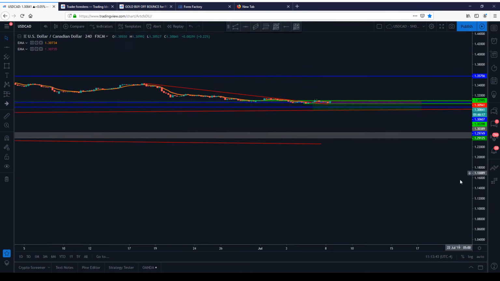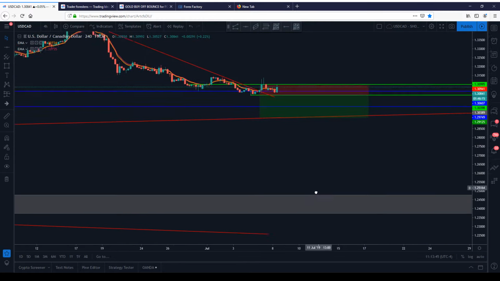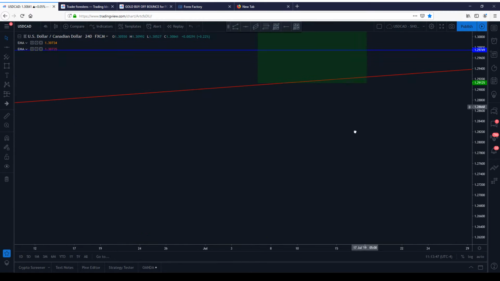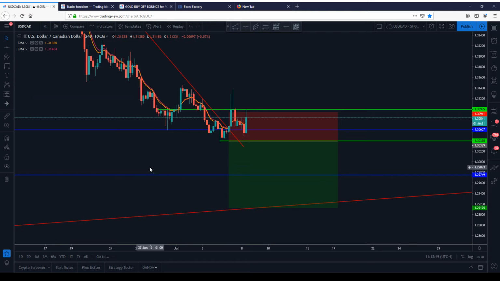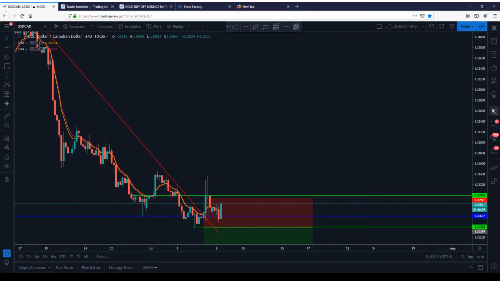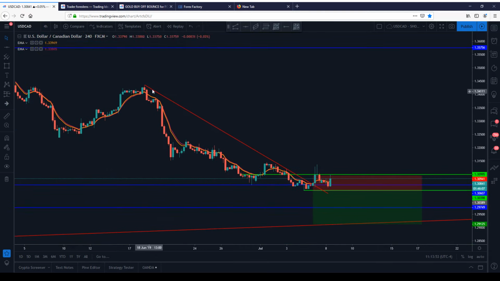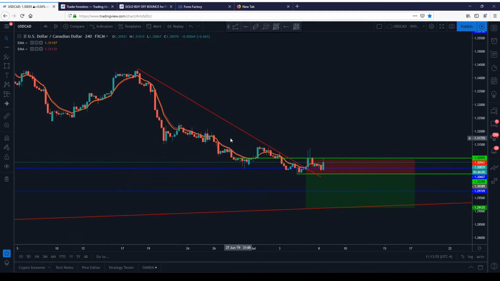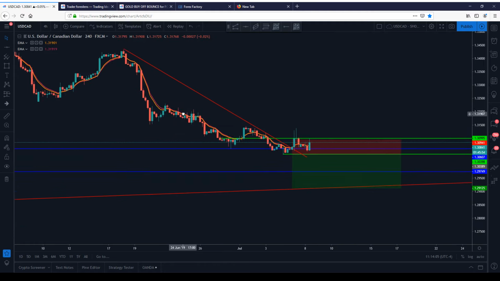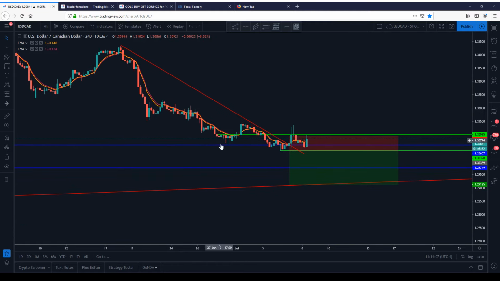Looking at the 4-hourly, it is looking like we are reversing soon. We may be, at least, because we have our descending trend line right here, and if we look at the length of the bear moves, like look at this bear move, this mini retrace, so not too many buyers, kind of consolidated, but again, the bears were in full control.